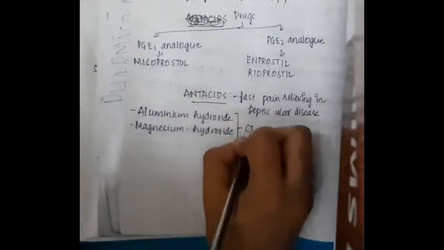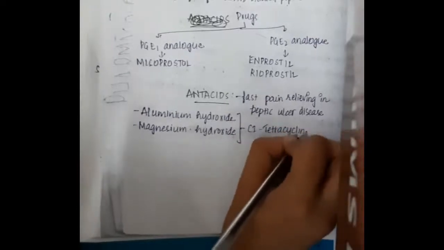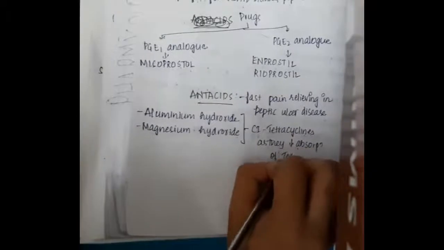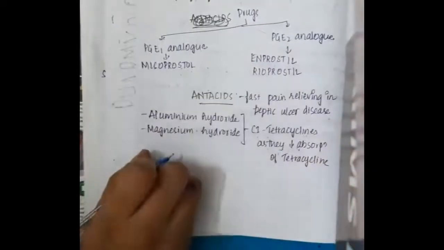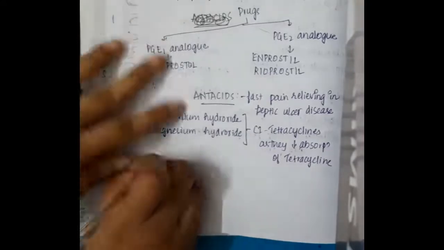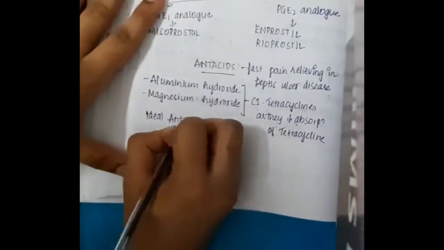These are contraindicated with tetracyclines, as they decrease the absorption of tetracyclines. You cannot use aluminium hydroxide or magnesium hydroxide with a tetracycline.